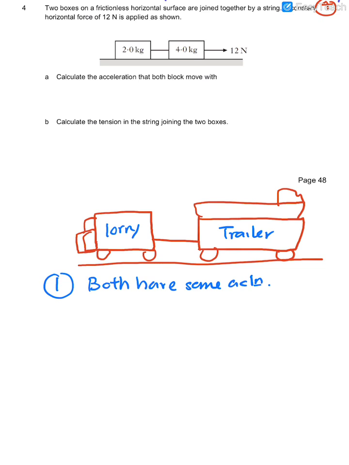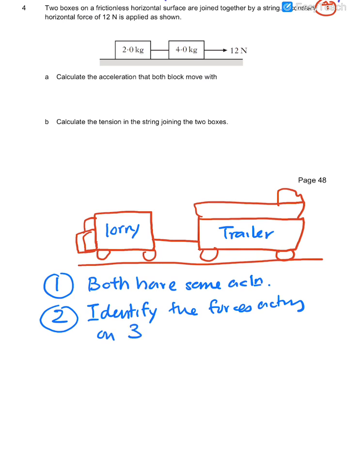Okay, next. Number two. In order to do this kind of question, you must be able to identify the forces acting on 3 different systems. Now, what do I mean by 3 different systems?